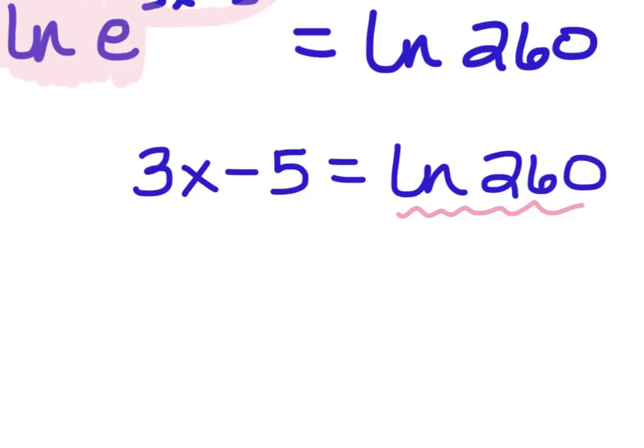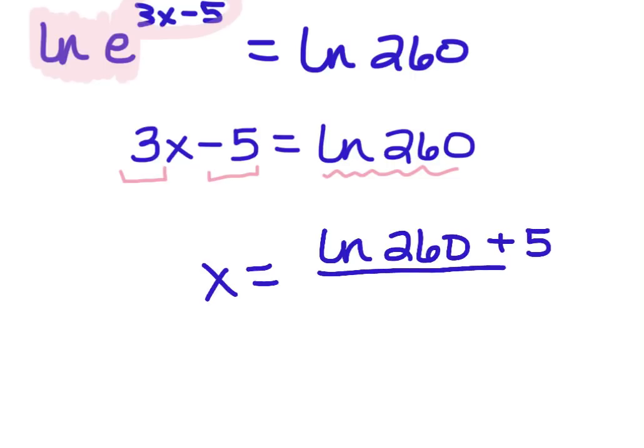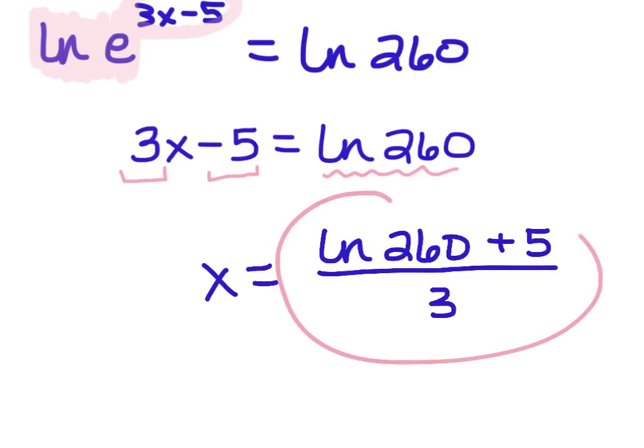And so notice that you know at some point you're going to need to add 5 and then divide by 3. And so let's write it like that. Let's write x equals ln of 260 plus 5 divided by 3. And then this is what you type into your calculator.